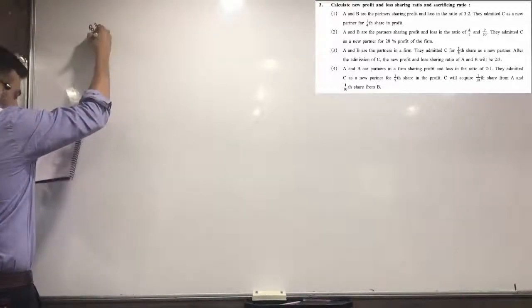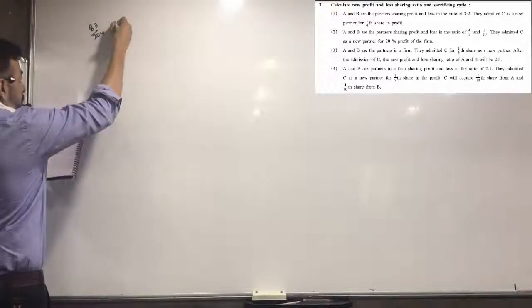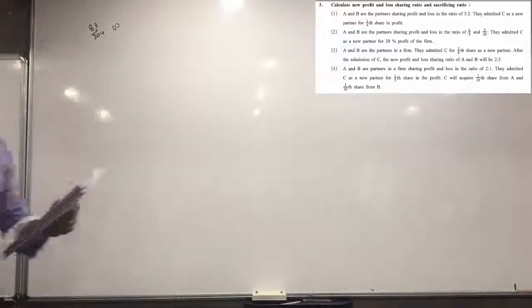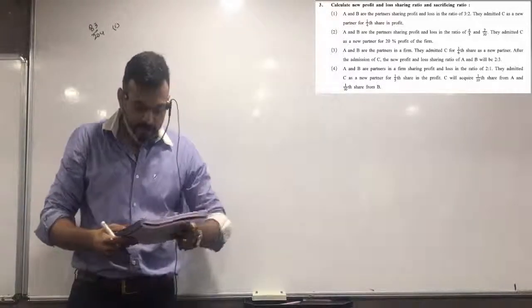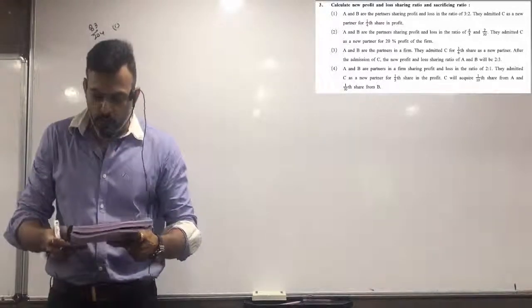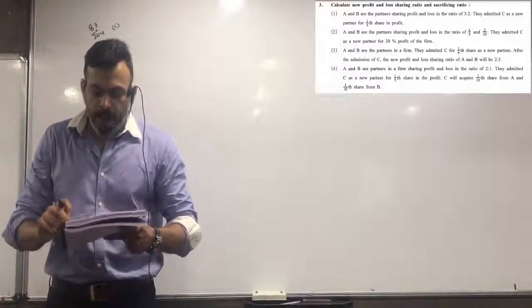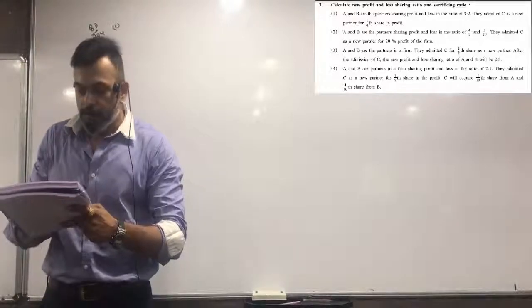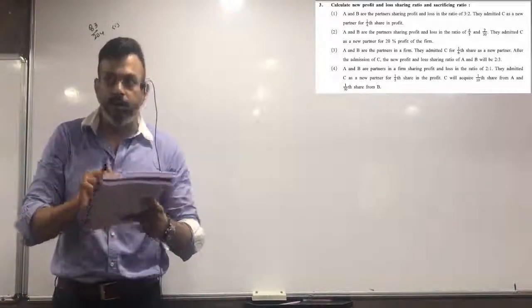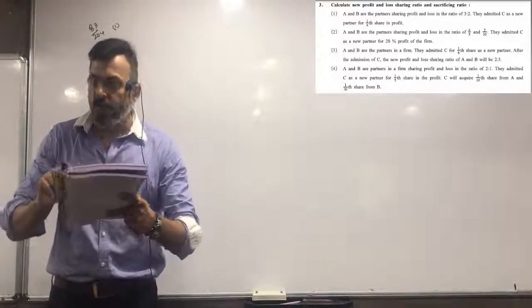Question 3, page 204. A and B are partners sharing profit and loss in the ratio of 3:2. They admitted C as a new partner for 1/4 share in profit. What we have to calculate? New ratio and sacrifice ratio.